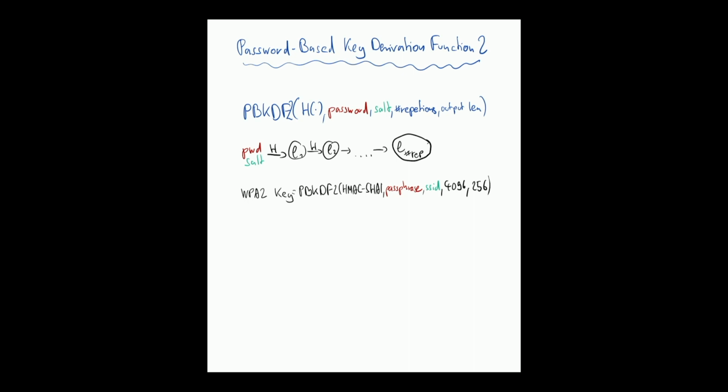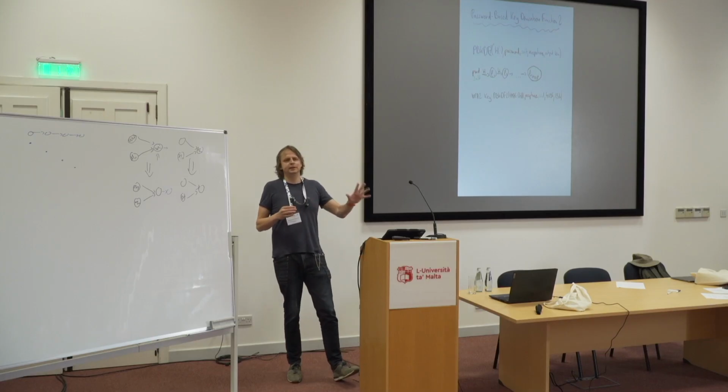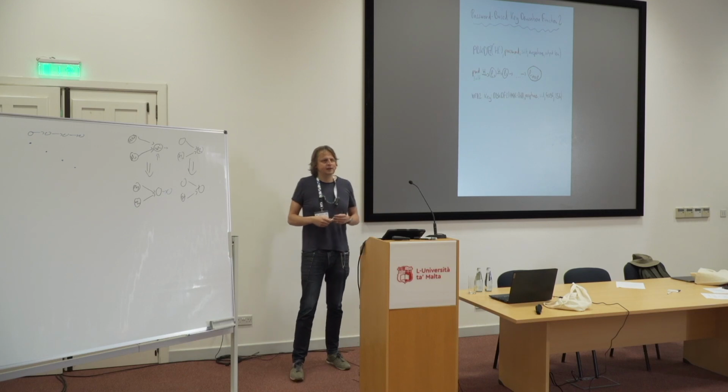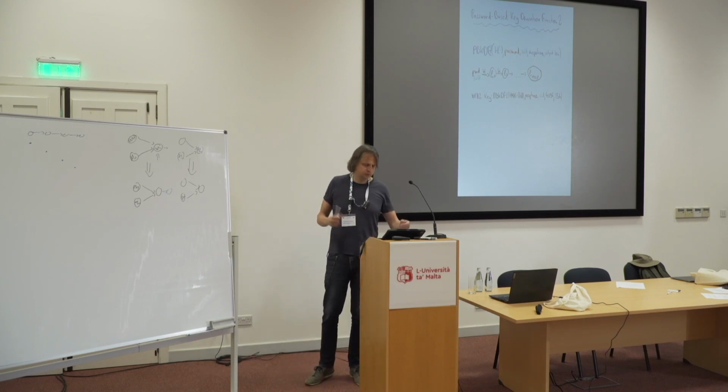You repeat the function 4,096 times sequentially, and the last parameter is the final output length, because as I said, you actually use that key for something else later. So if you hear password-based key derivation function 2, that's basically a moderately hard function to derive a key from the password.